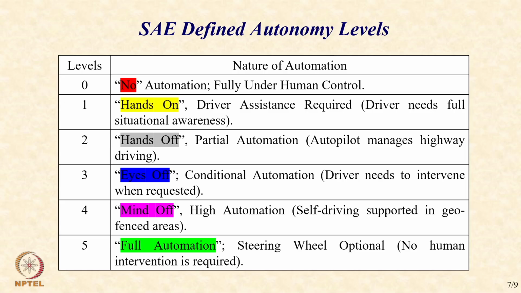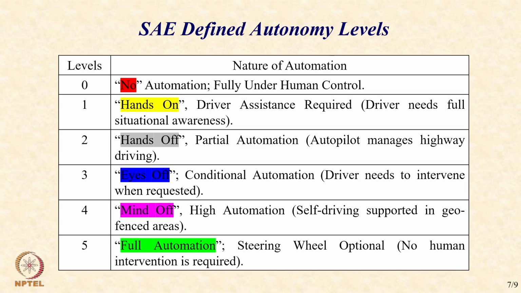The next level, the level 1, is typically called in the present context hands on, which means the driver is required to assist the autopilot and driver needs to have full situational awareness, which means your hand must be on the steering wheel, but there will be some functionality in the background which would be empowered by a machine, and to that extent there will be some things which will happen in an autonomous manner.